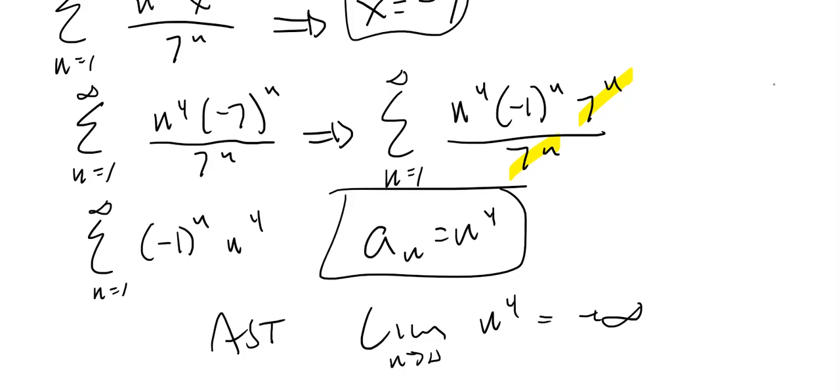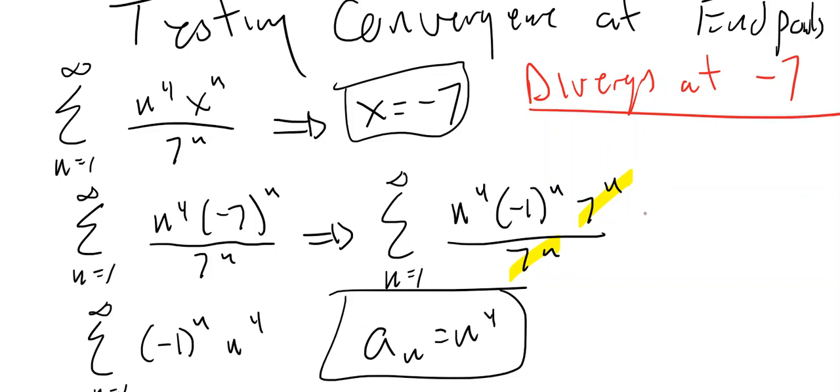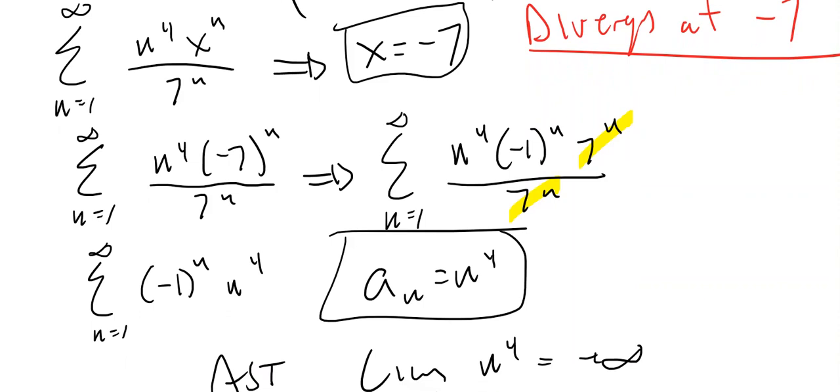So since it does that, that means it diverges. So what does that mean? That means that it diverges at negative 7.